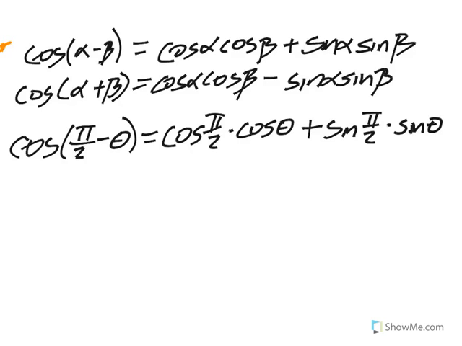Doesn't matter if you call it alpha and beta or pi halves and theta, it doesn't really matter. It's just the cosine of the first times the cosine of the second plus the sine of the first times the sine of the second.